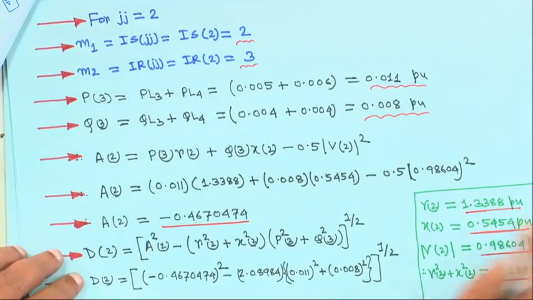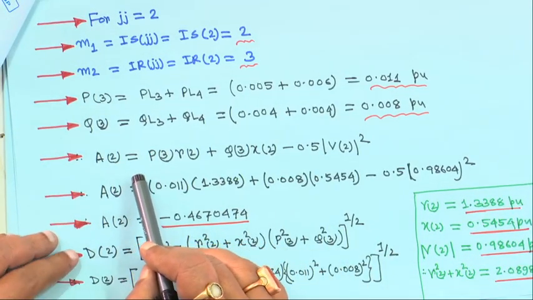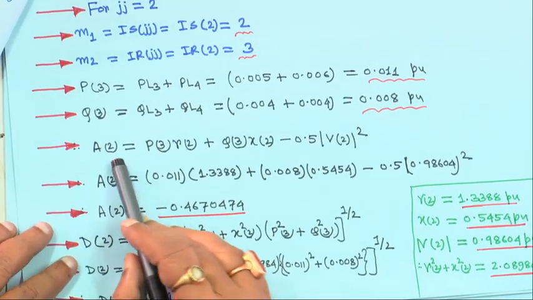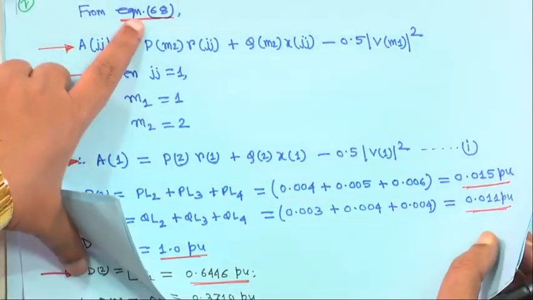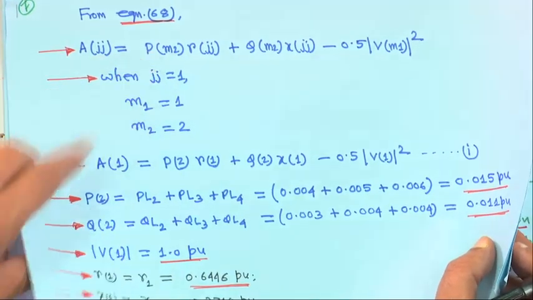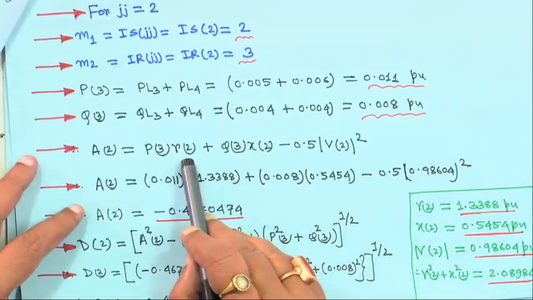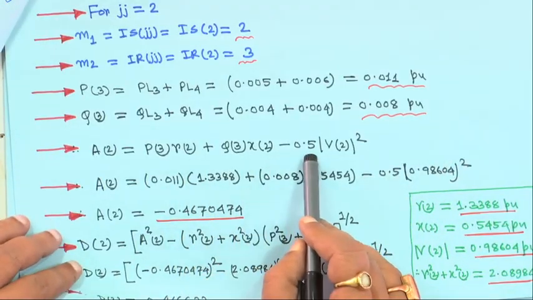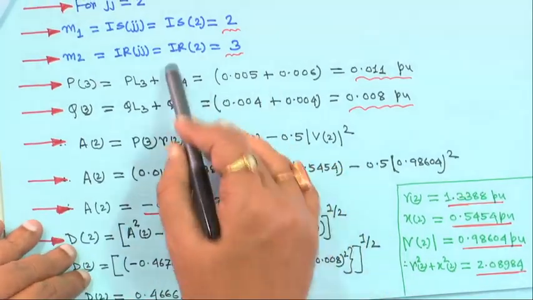So, now from the same equation, for jj equal to 2, you calculate A2 from equation 68, putting jj equal to 2. In that case you will get A2 equal to P3 R2 plus Q3 X2 minus 0.5 V2 magnitude squared. Substitute all the values.